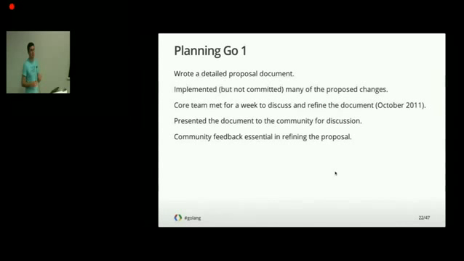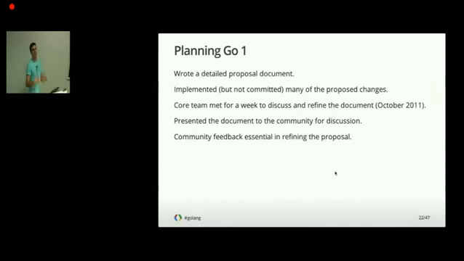Most of the major changes were actually fully implemented, or at least partially implemented within a smaller scope, before we met as a team for a week to discuss the document in detail, to have a lot of arguments, and then form a coherent story, which we then presented in the form of this proposal document to the community. These are the things that we think we would like to do.